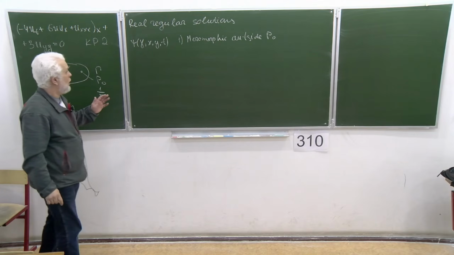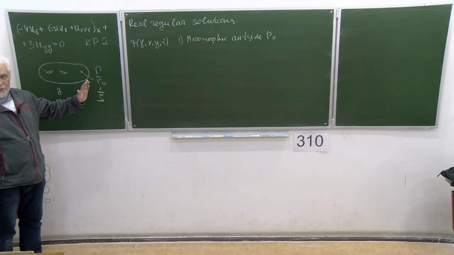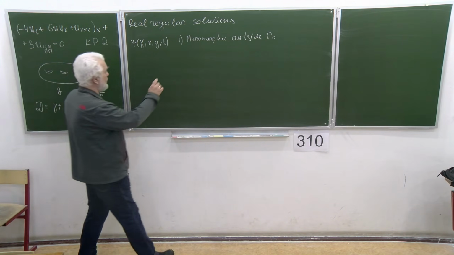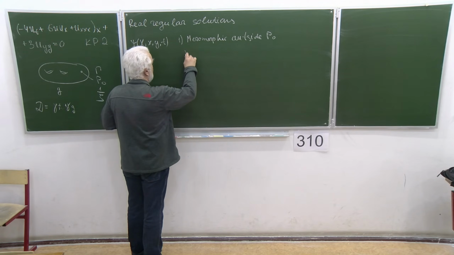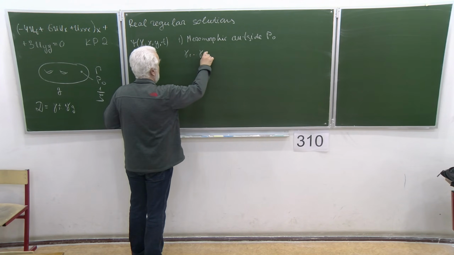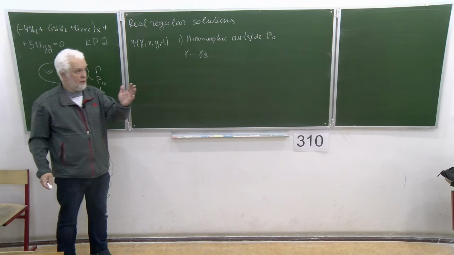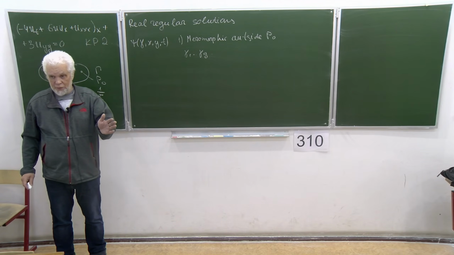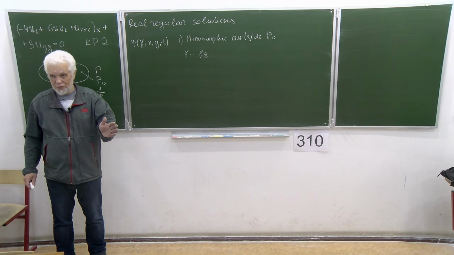Therefore, the function outside the point P0 is meromorphic. Two, the divisor of poles: these functions are permitted to have at most first-order poles.